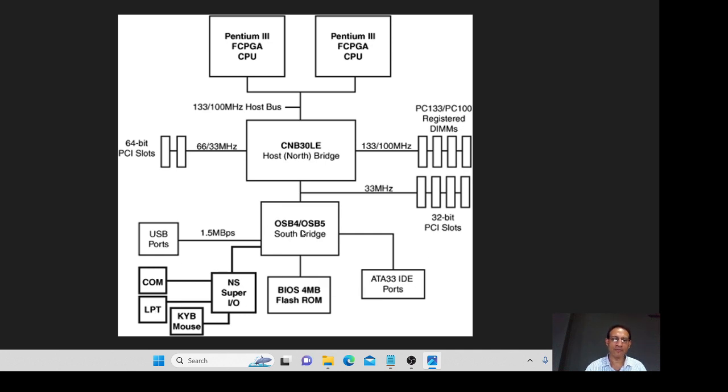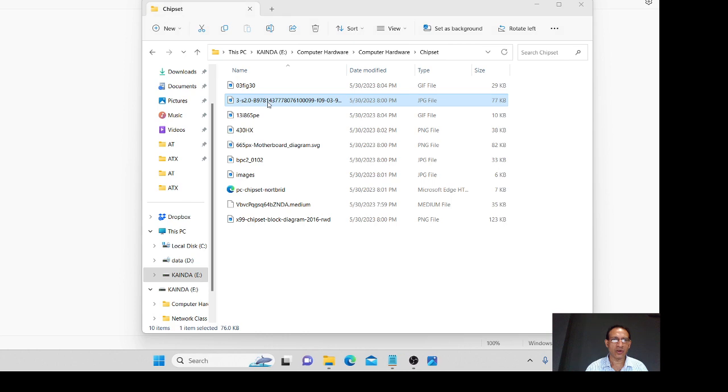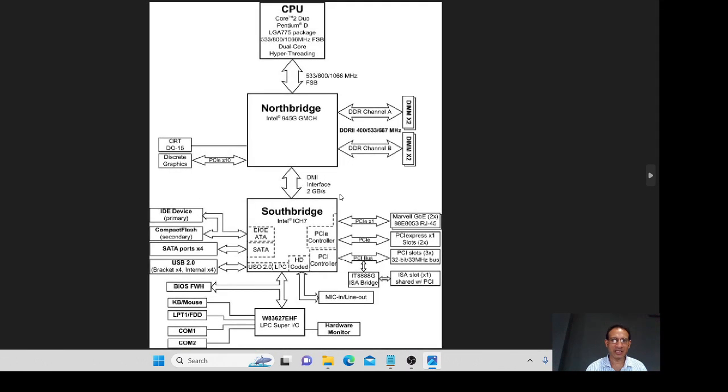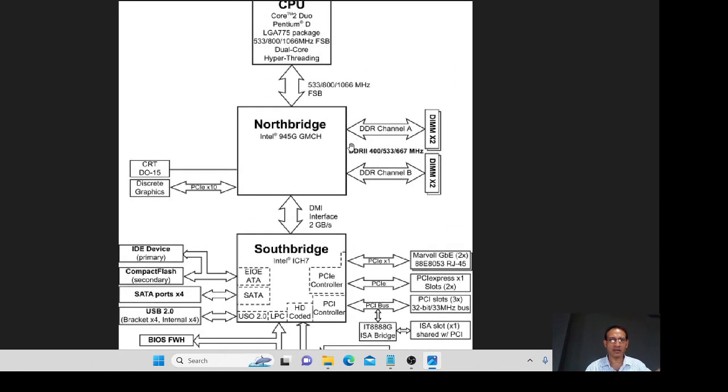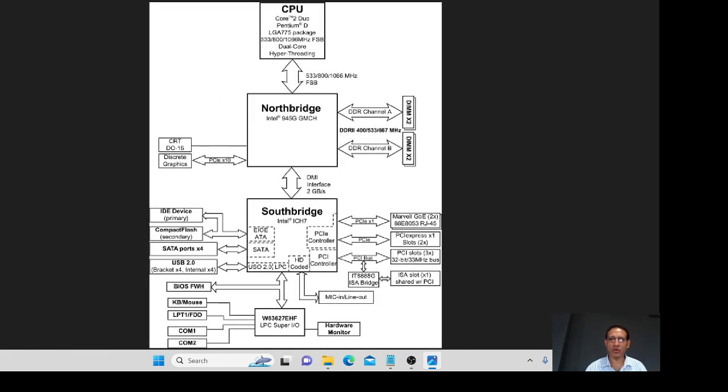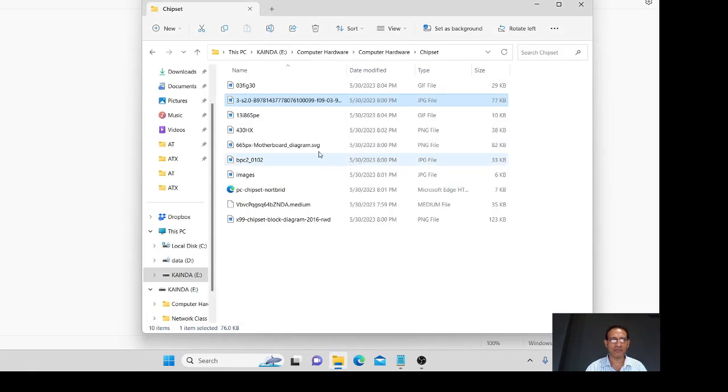That is the general structure we should study here. We'll look at another, a bit more complicated one, but it's the same. All the devices are separately connected. So motherboard speed depends on the speed of the buses. That is the general scenario.